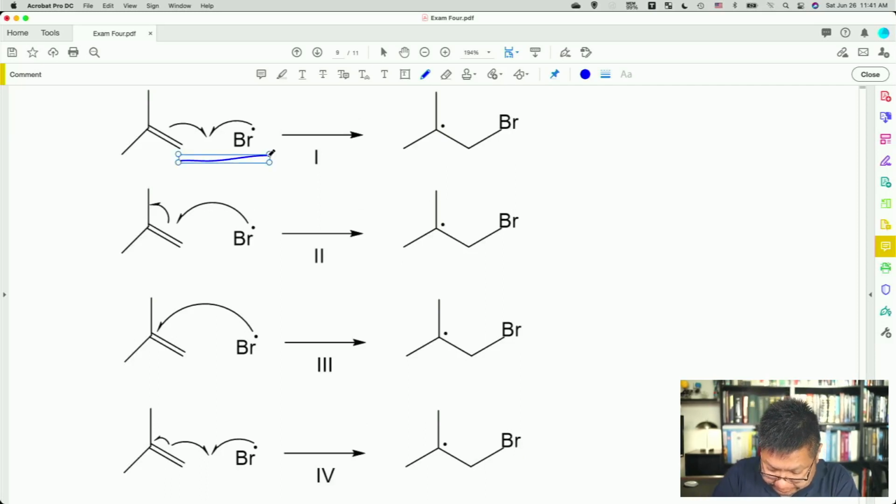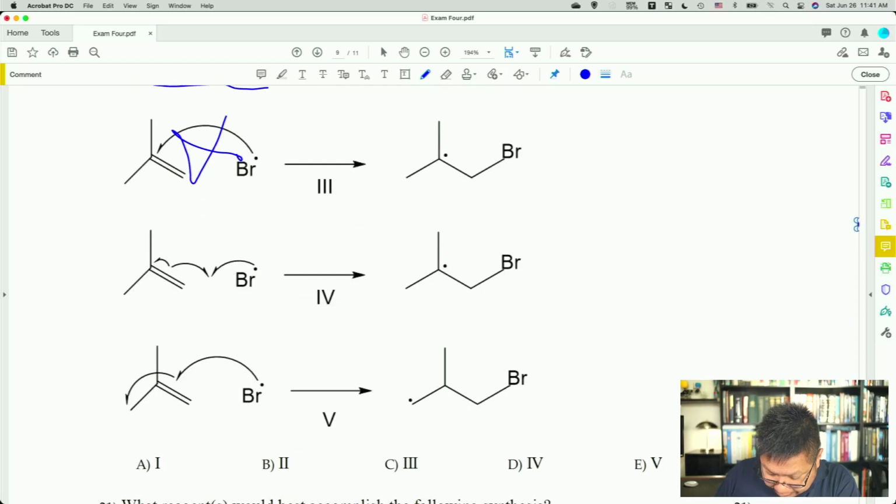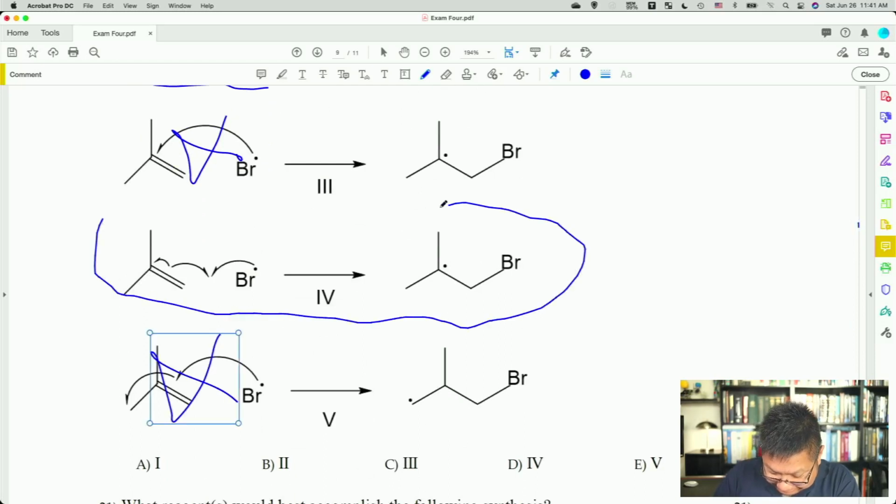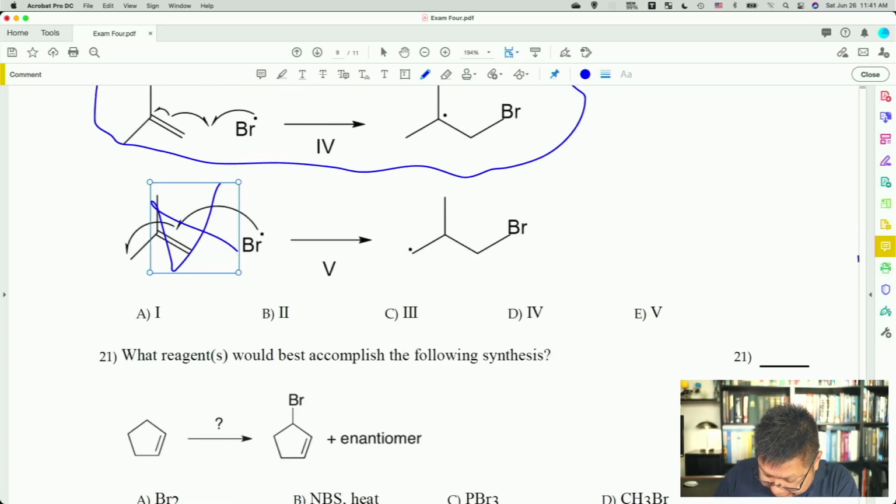The reason why that's wrong is because it didn't show an arrow for a radical coming back to the carbocation right here. I don't know what's happening there either. So the only one that's left that is even remotely right, which is actually correct, is structure 4, which is IV. Or D, rather.